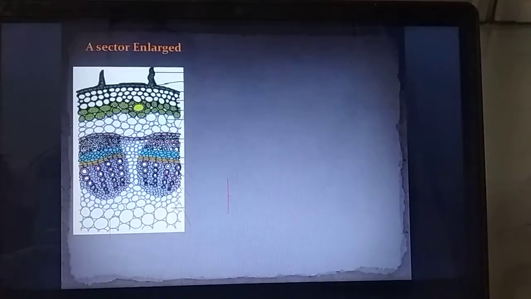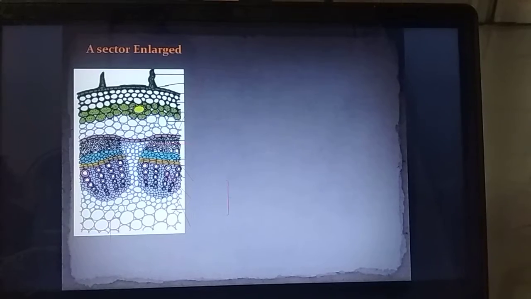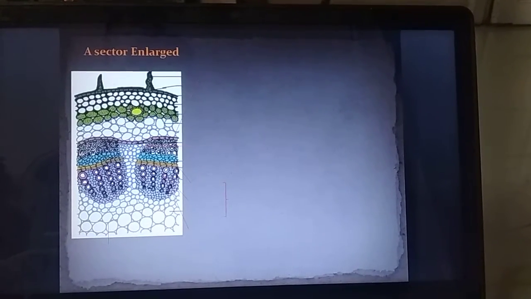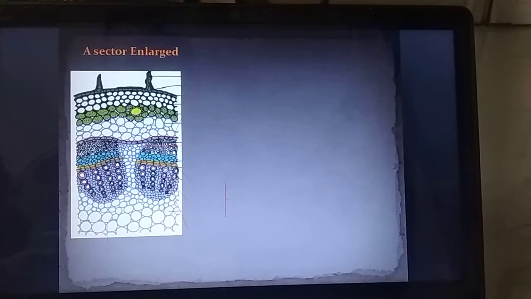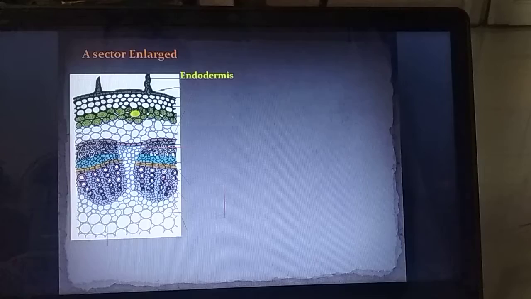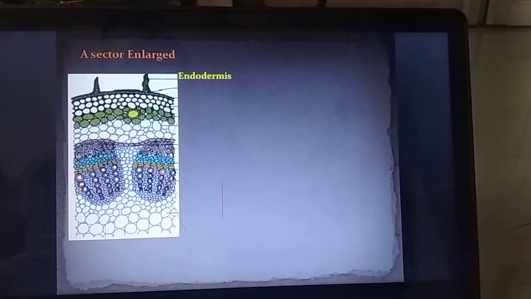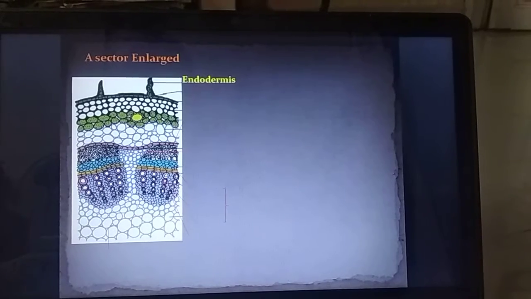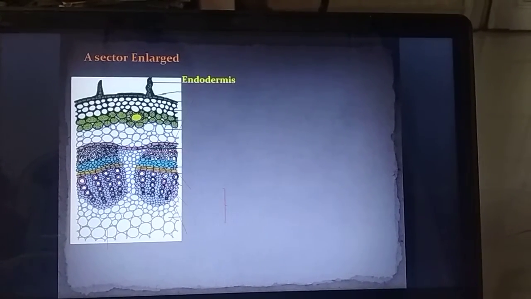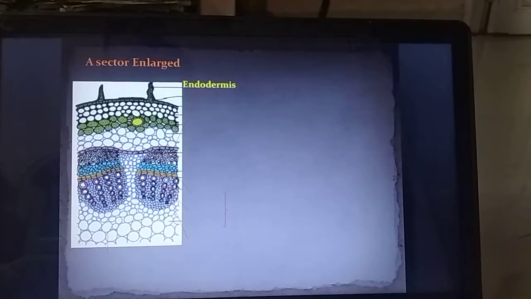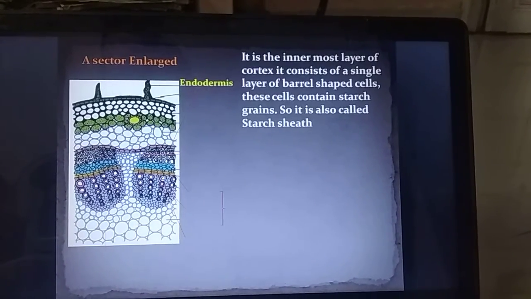Next, in the same picture, we cannot explain in detail there itself, so the remaining part we will see here. After the inner cortex, the next layer, the slight skin color layer, is endodermis.